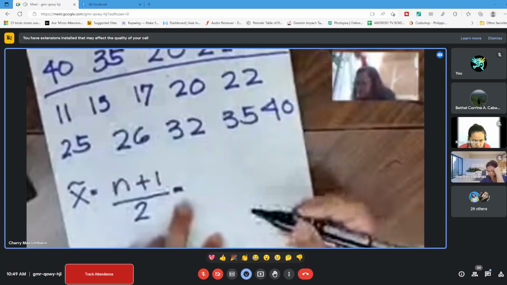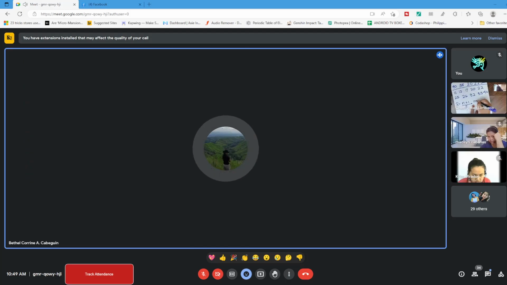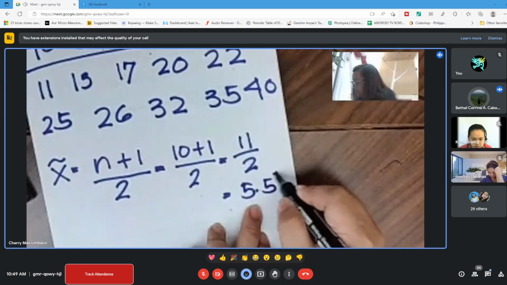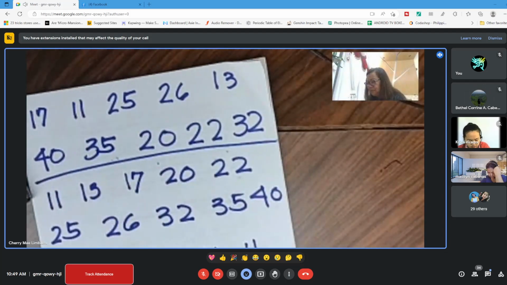So what's the answer? 10 plus 1 over 2 is equal to 11 over 2, which is equal to 5.5. Yes, Doc. 5.5. Now, we can see the 5.5, so we have to solve it.